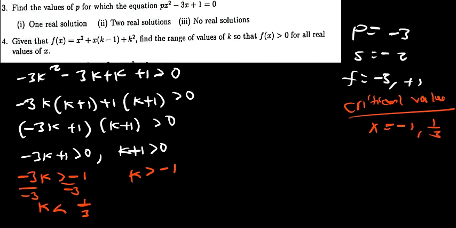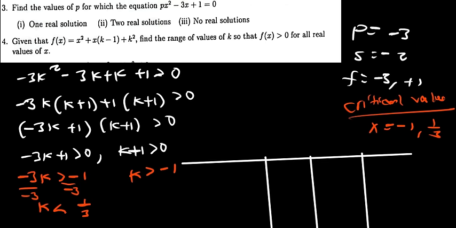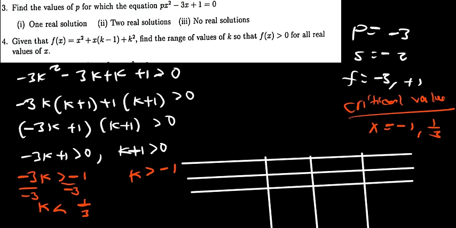Then we go back to our table. So I have negative 1, I have 1 over 3. In between here I can put 0, here I can put negative 2, here I can put just 1. It's okay.